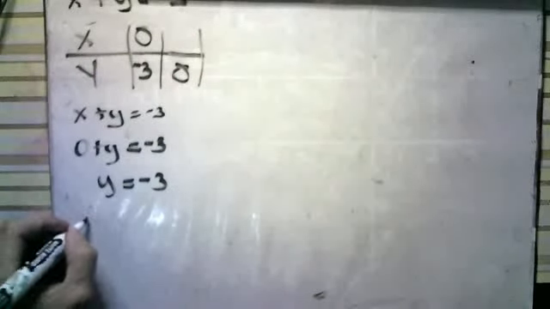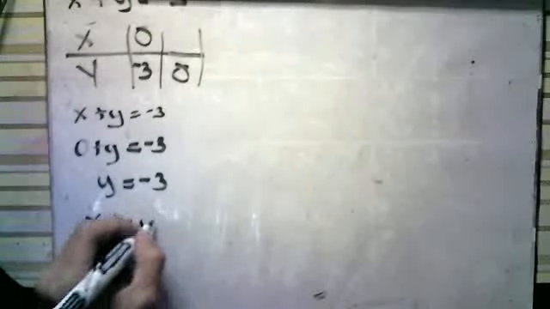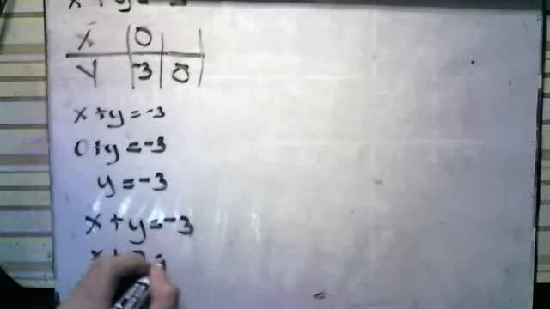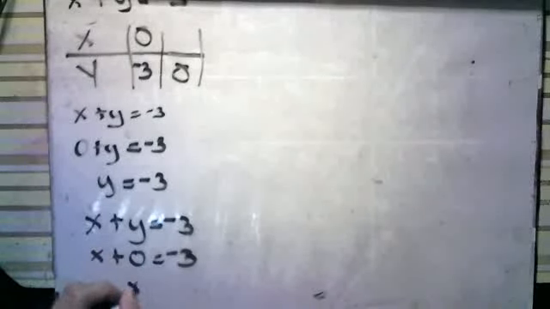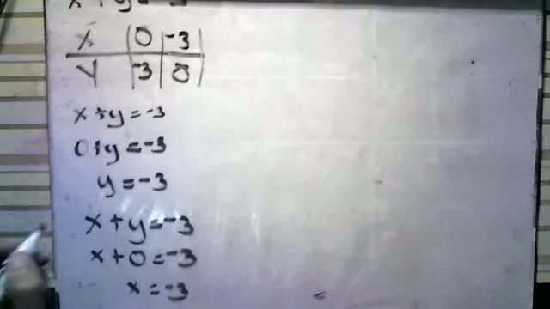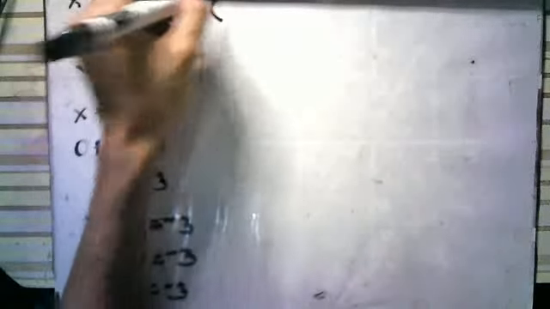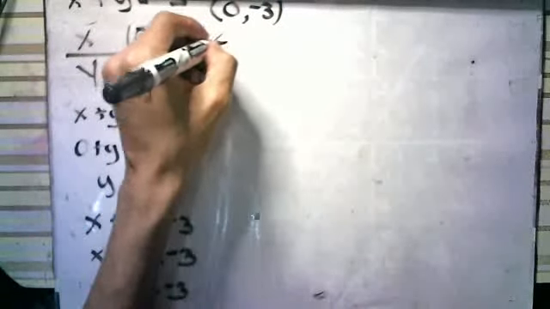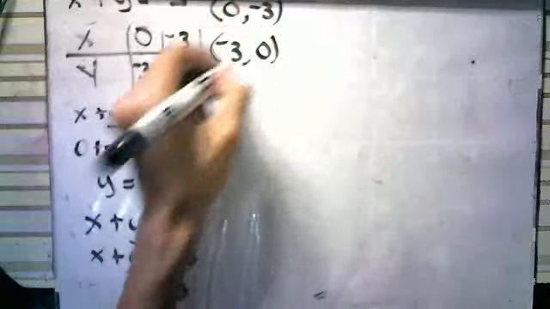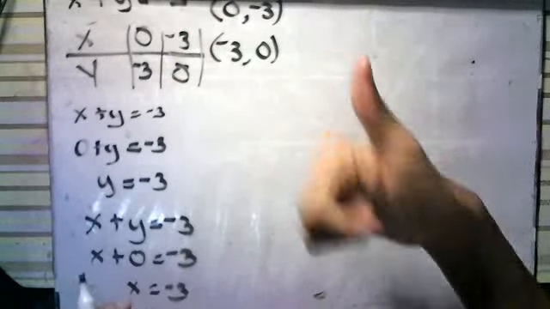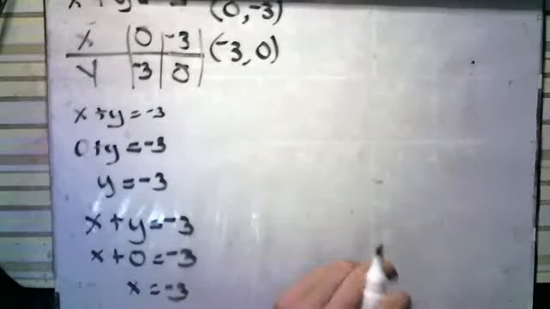Again, copy. X plus y is equal to negative 3. But y is equal to 0, so x plus 0 is equal to negative 3. X is equal to negative 3. And that is also negative 3. So, which means the two ordered pair is 0, negative 3, and negative 3, 0. So, is it possible na ganyan ang ating ordered pair? Yes. Okay lamang siya. Okay.